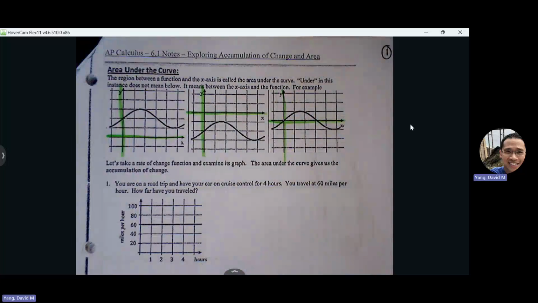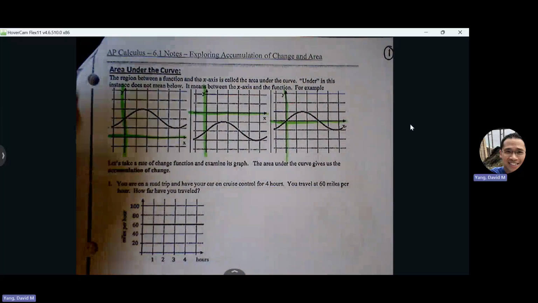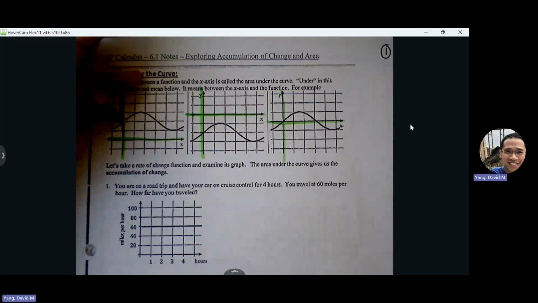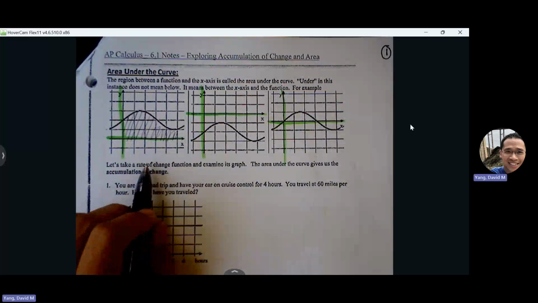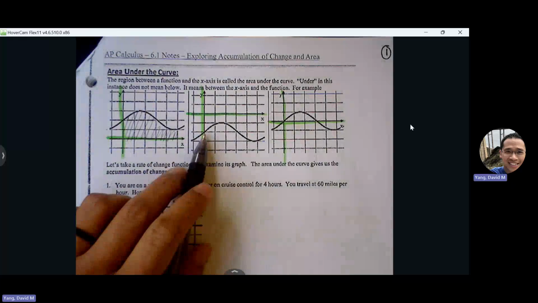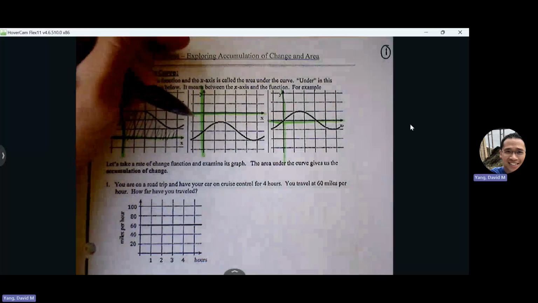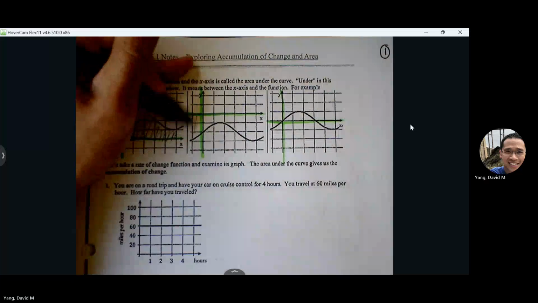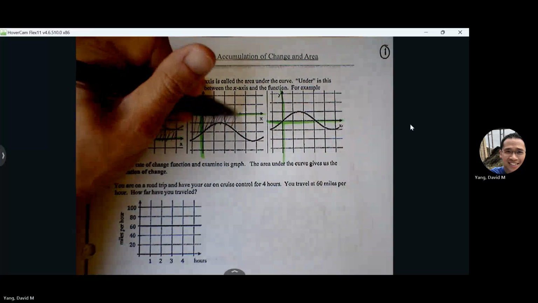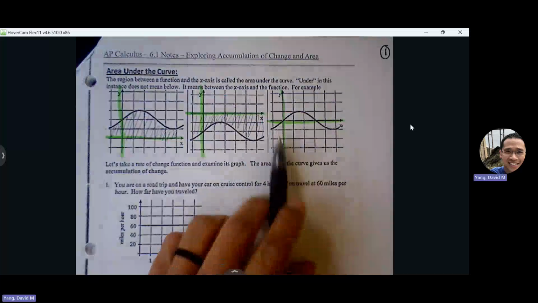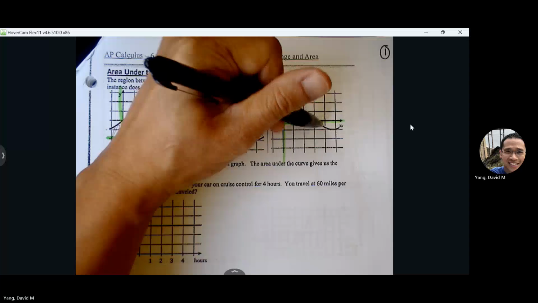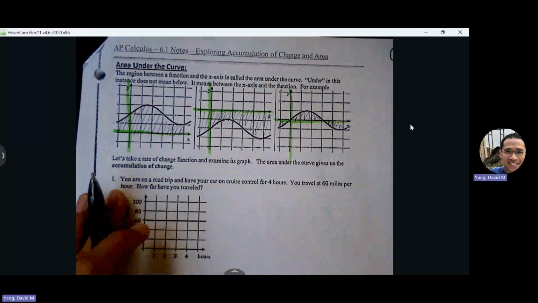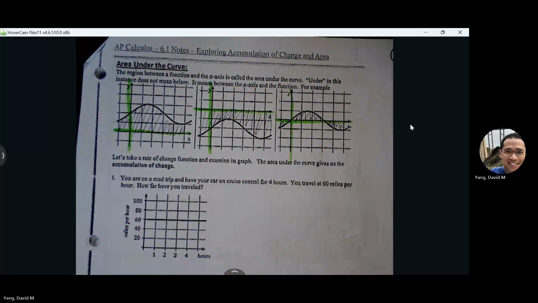If we're talking about the graph under the curve, it's between the curve and the x-axis. So we're talking about this shaded region here, if it's for this graph. If it's for this graph, then we're talking about this shaded region here. And then if we're talking about this graph, then it'll be this shaded region. Okay, so it's just between the graph and the x-axis.